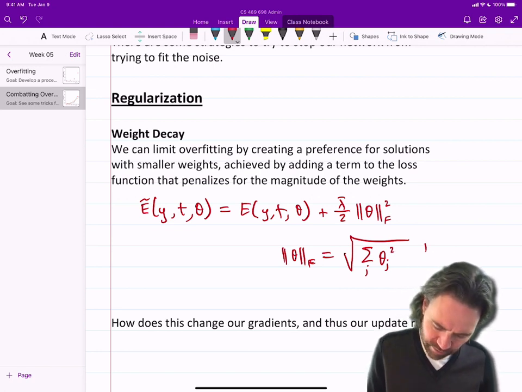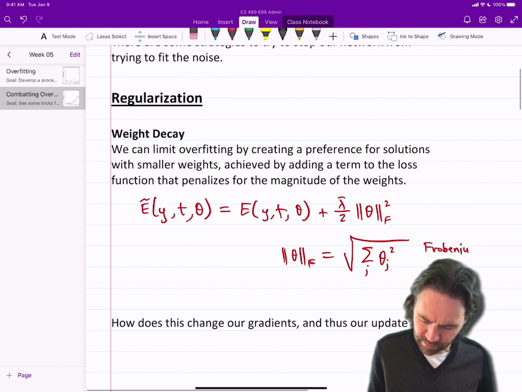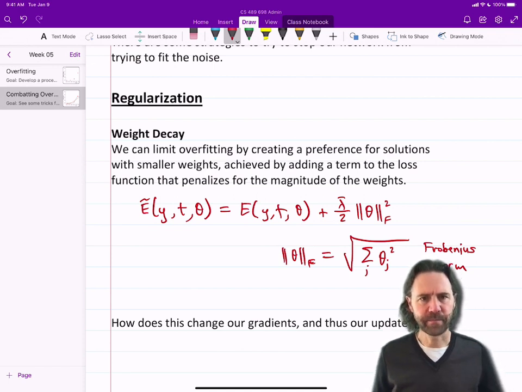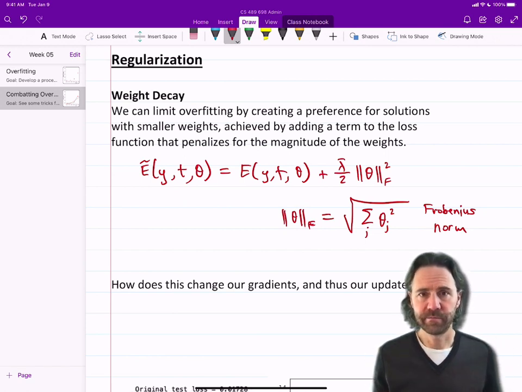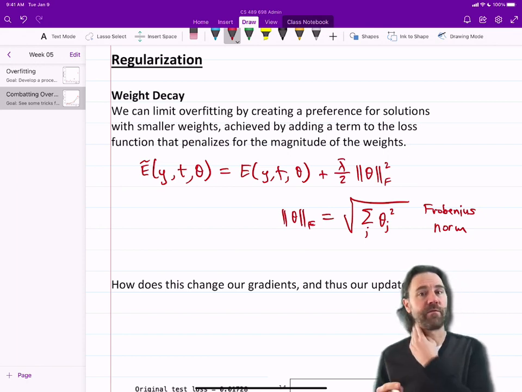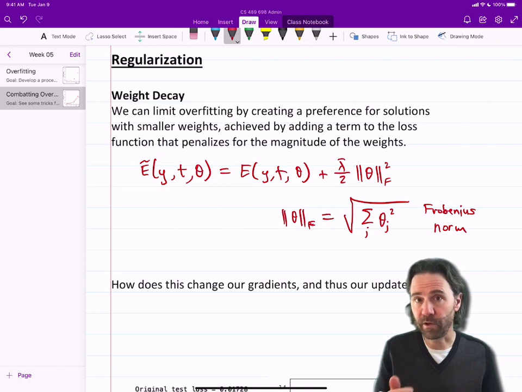This is the Frobenius norm, the sum over all the weights. So the new cost is the old cost plus this term that penalizes the Frobenius norm of the weights. So it's going to prefer smaller weights.